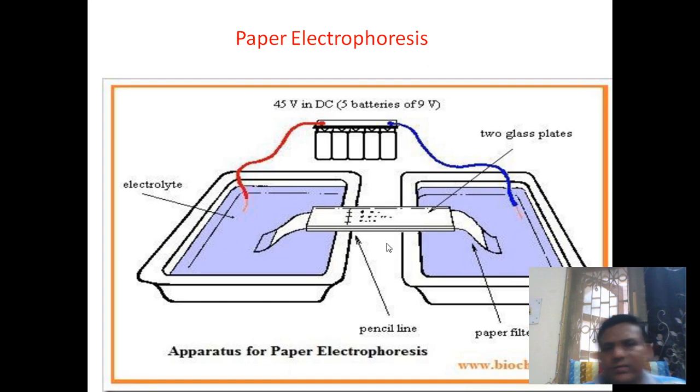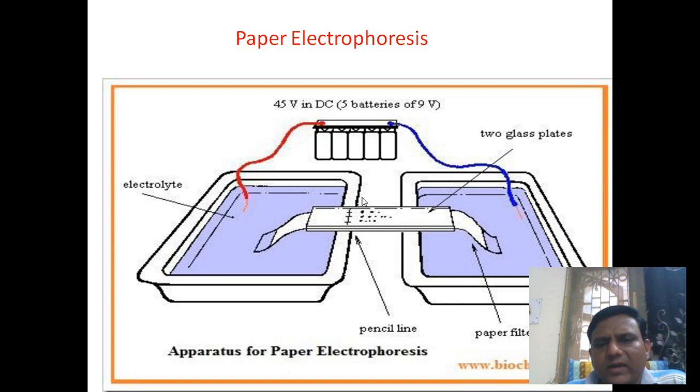in a paper electrophoresis. After the assembly of the paper electrophoresis, you can apply the sample mixture with the help of a micropipette on the surface of the paper, and your sample spot should be of 0.5 centimeter radius.